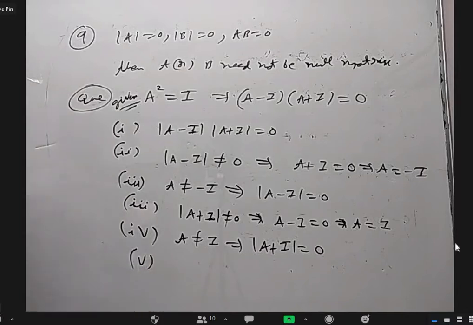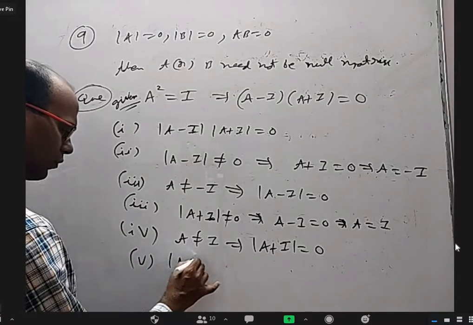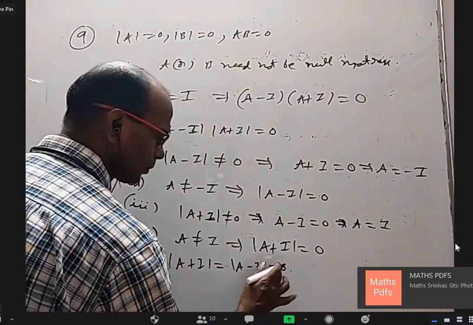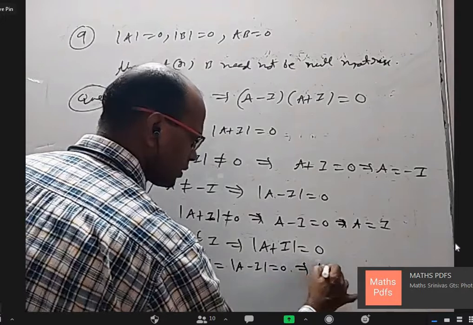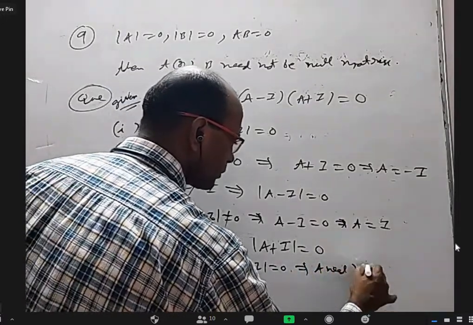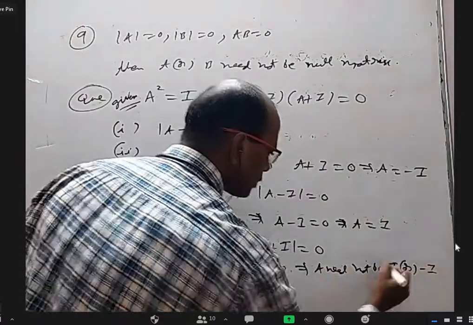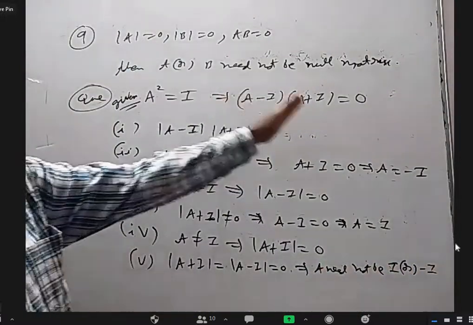And finally, if det of (A plus I) and det of (A minus I) both are 0, then A need not be I or minus I. That means neither this should be a null matrix nor this should be a null matrix.